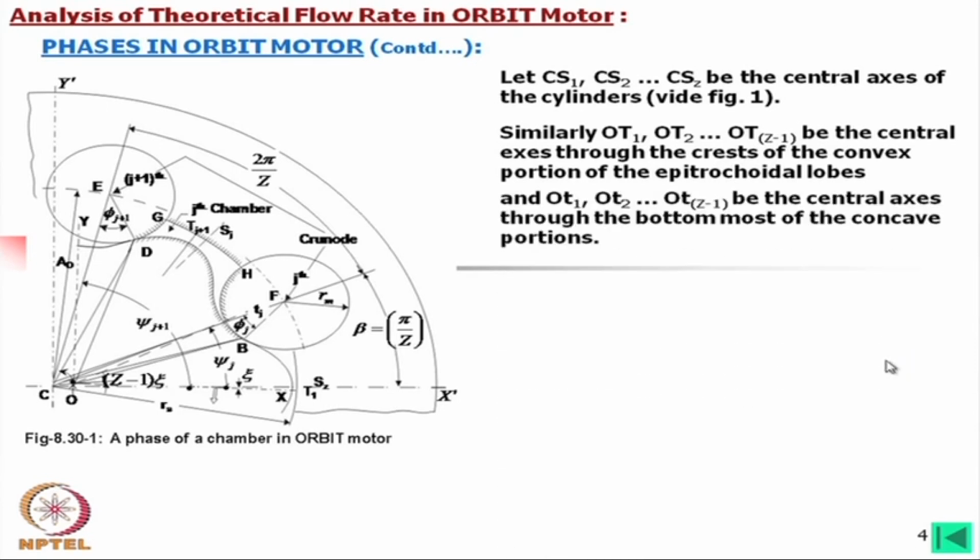Similarly, we have also taken O small t 1, O small t 2, that is, through the lowest point of this profile, the concave portions. Now, while we are analyzing the phases, depending on which line coincides with which one, we assign the numbers.